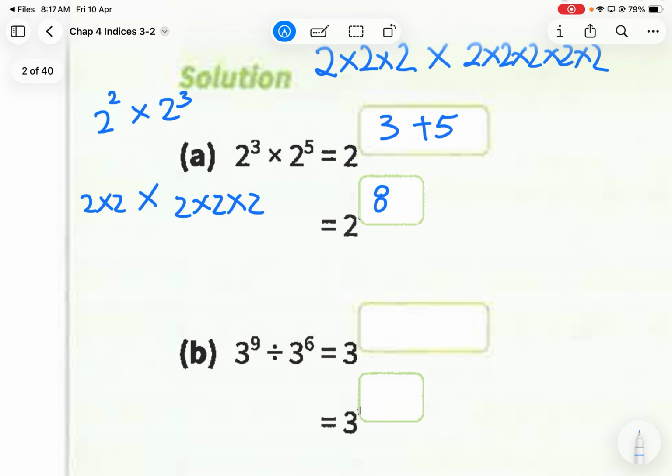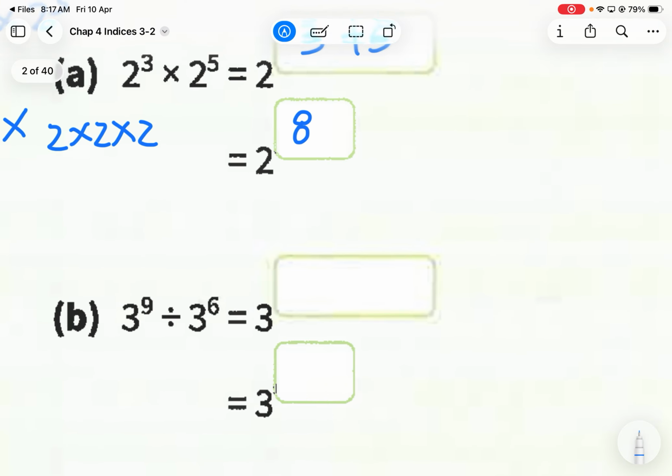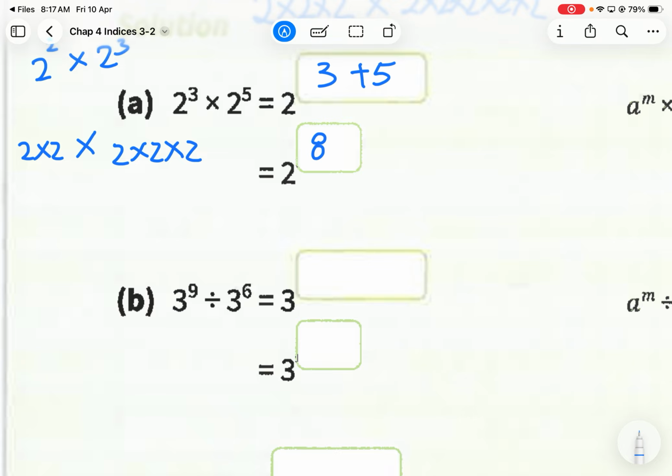Okay? Other than that, we need to learn some of the terms. By right in Sec 2, you all should have learned before. This 2 over here, we call this the base. So this one is base 2.